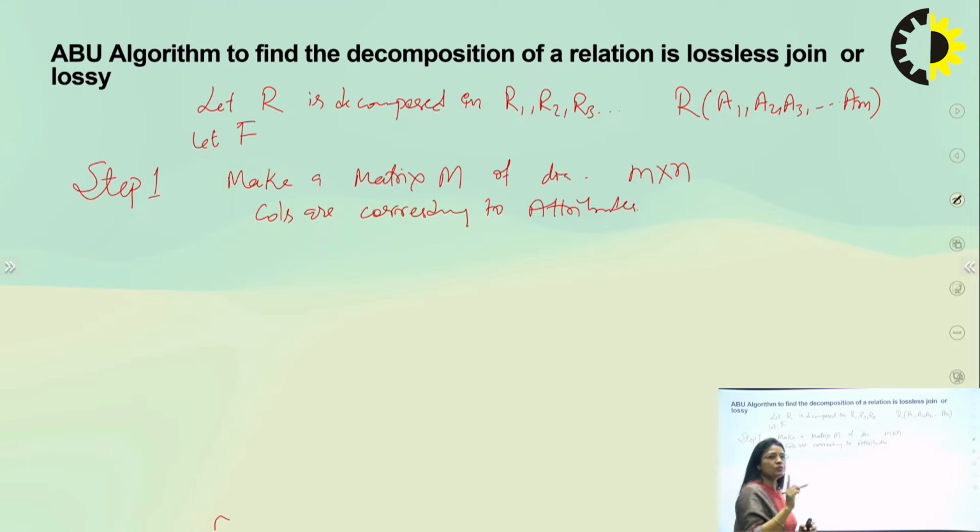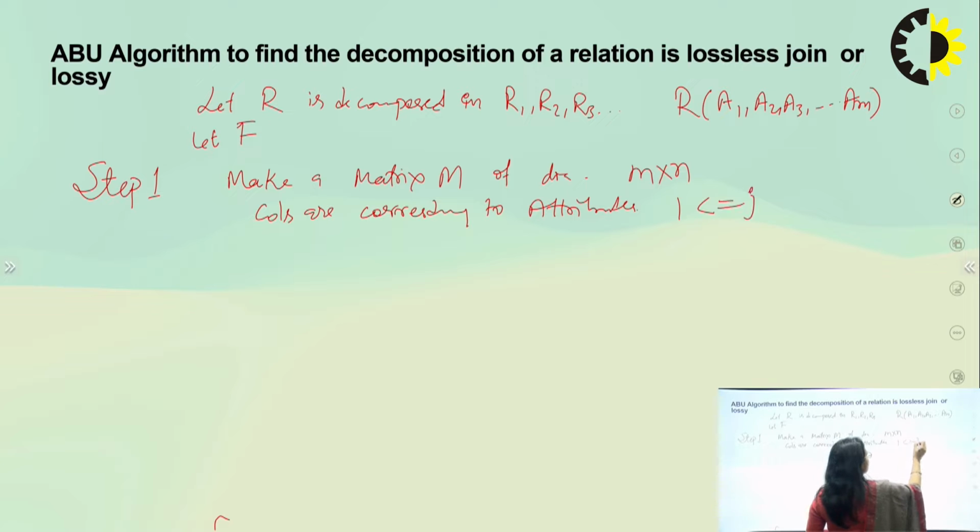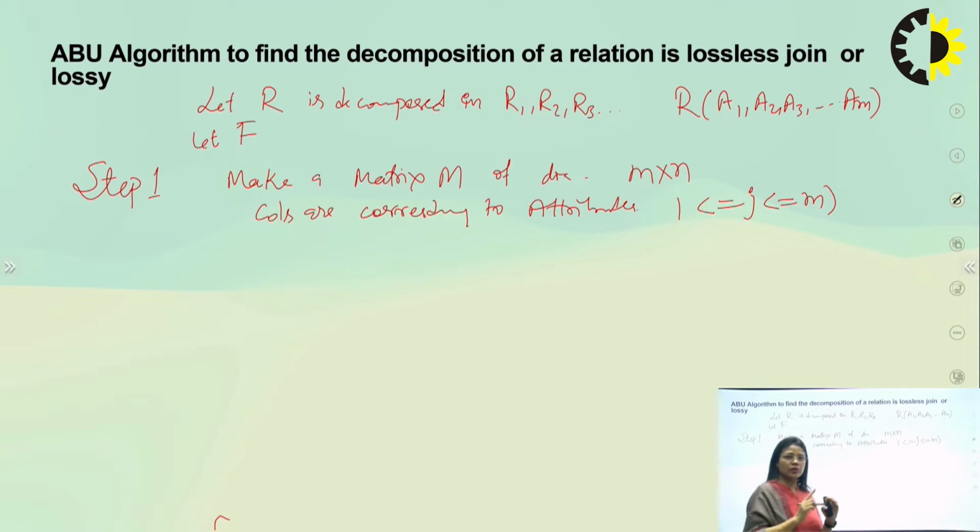So how many columns will there be? At most M, because we are taking M attributes. The counter J will vary from 1 to M.